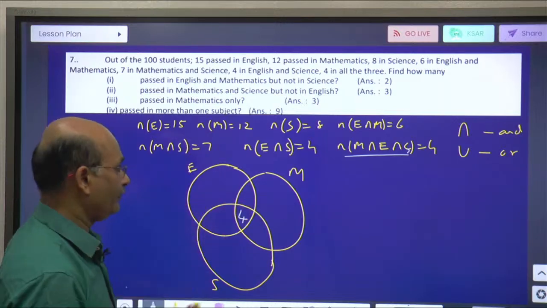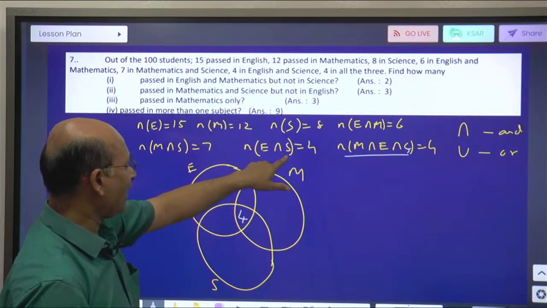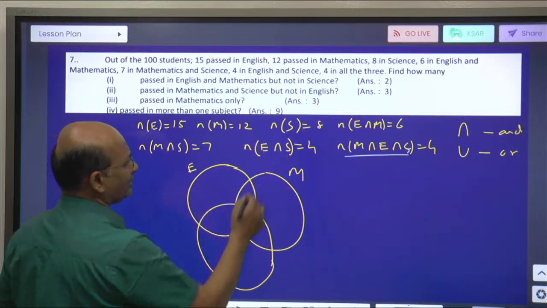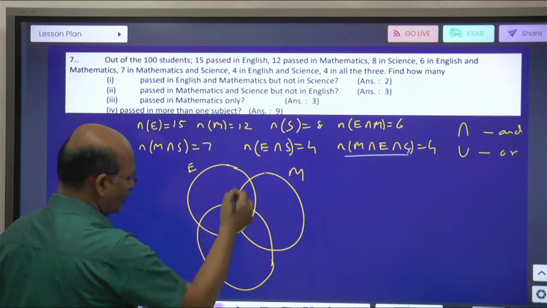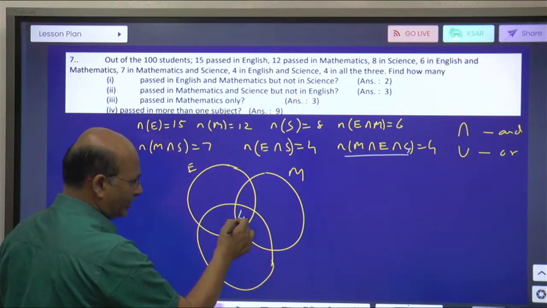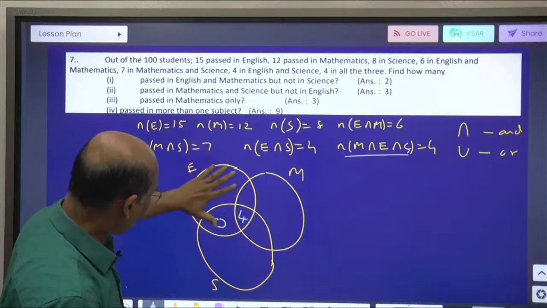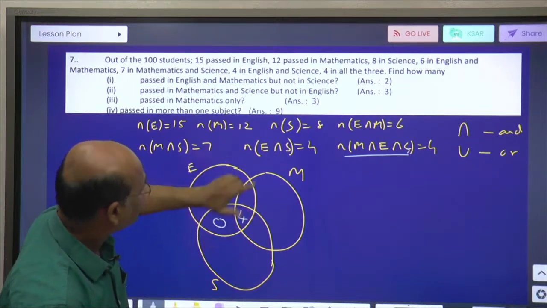Listen very carefully. Now this data is written. Now let us talk about English and science. How many are there in total? 4. So this is English and this is science. Already 4 is there, so this will be 0. Because English and science together, the common is 4, that's what I wrote here.